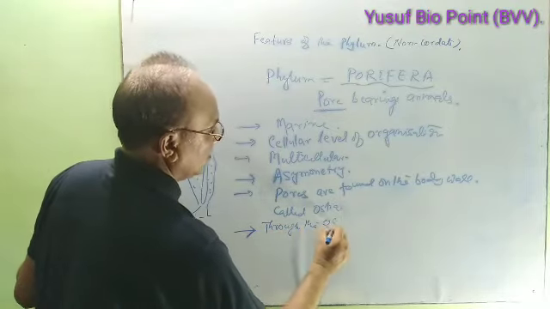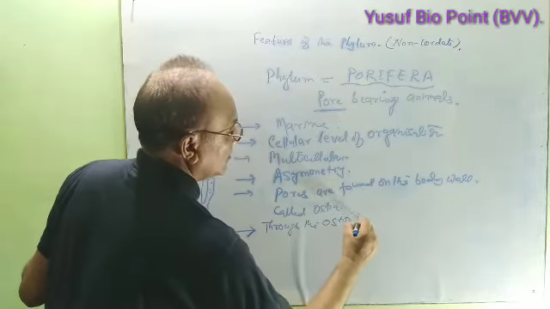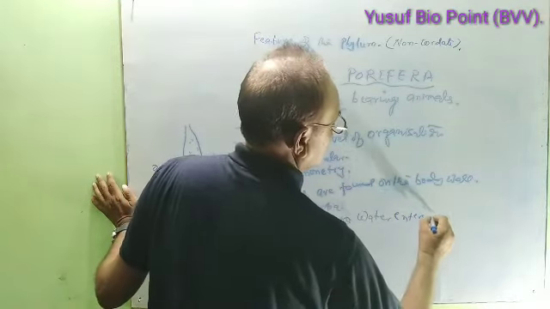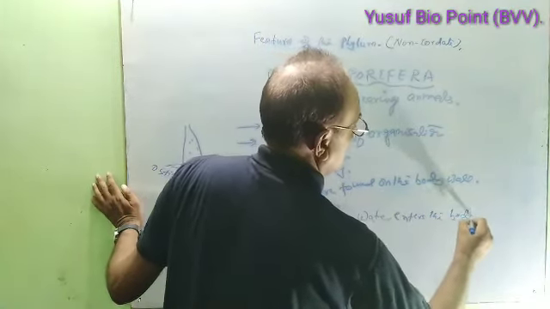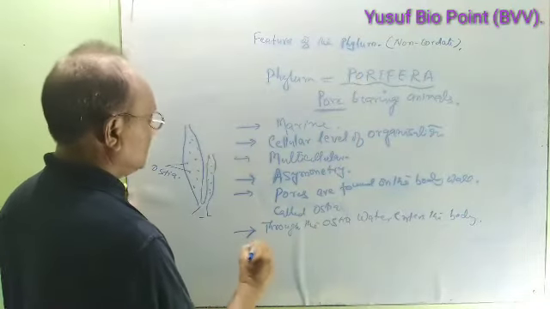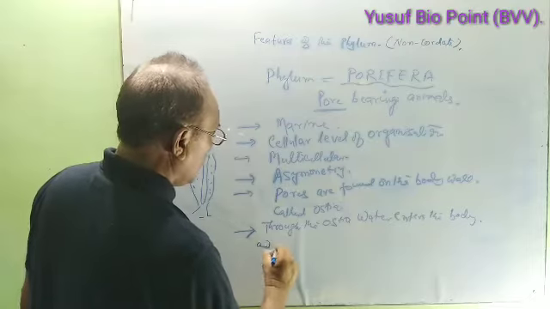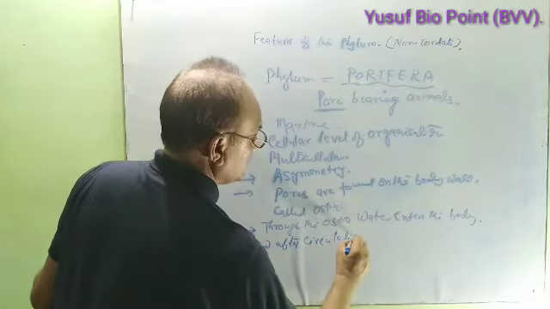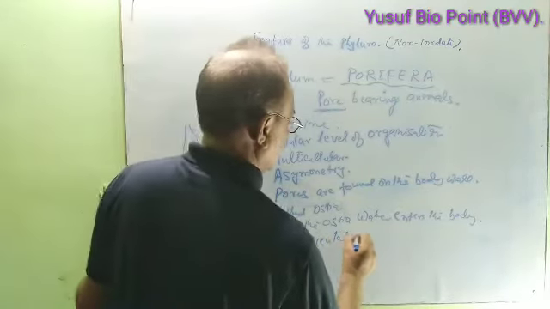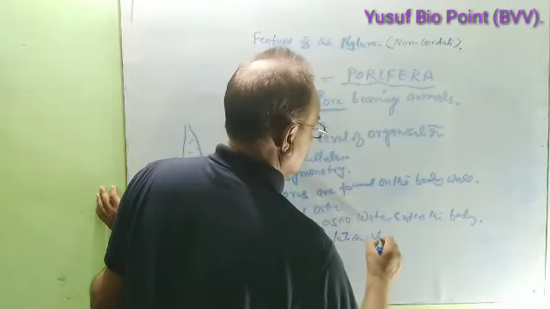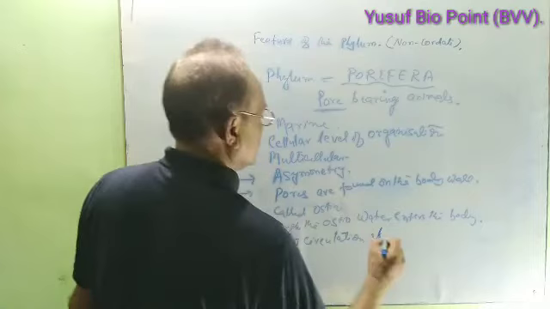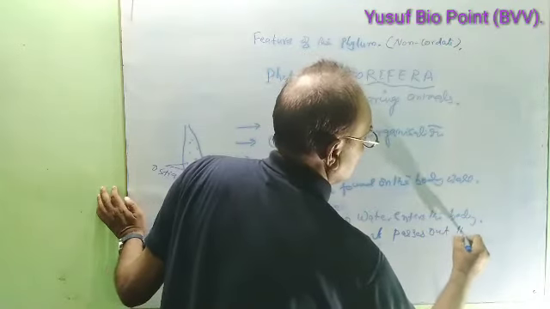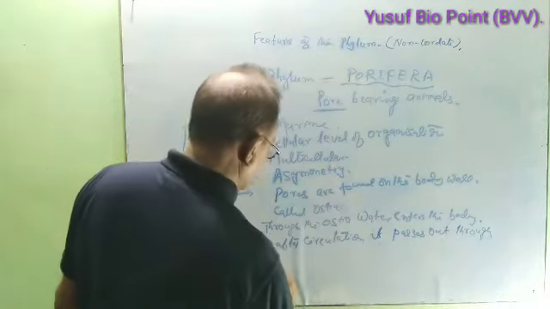So through the ostia, water enters the body and after circulation it passes out through the osculum.